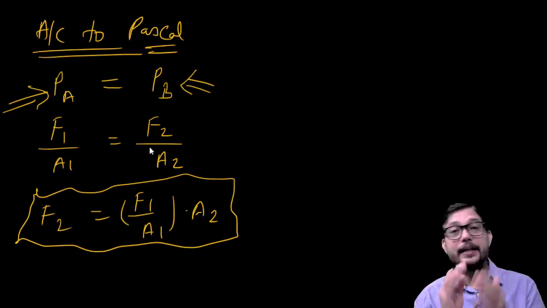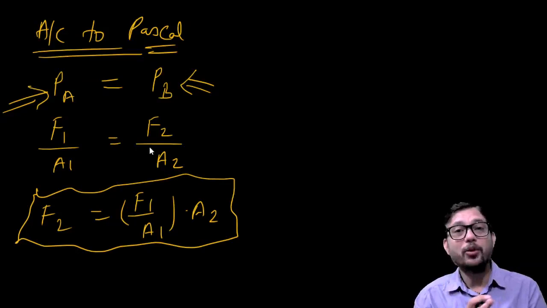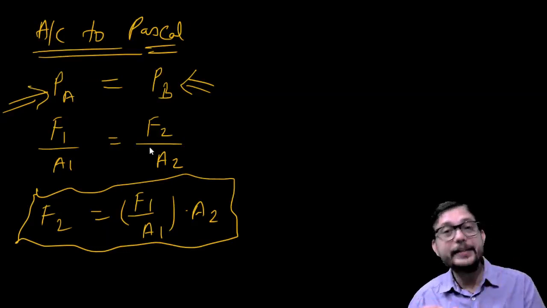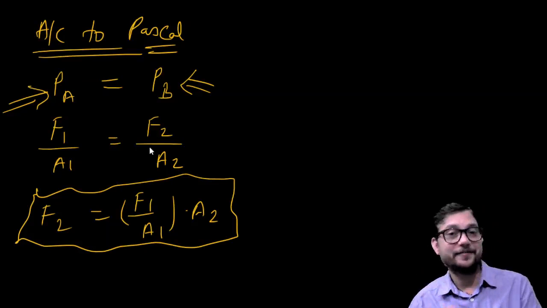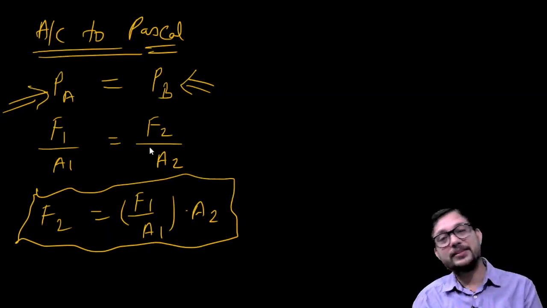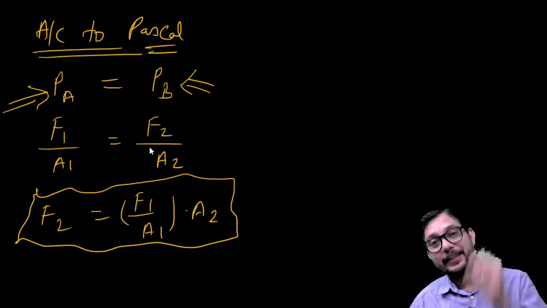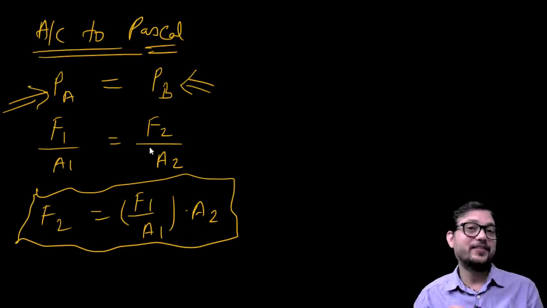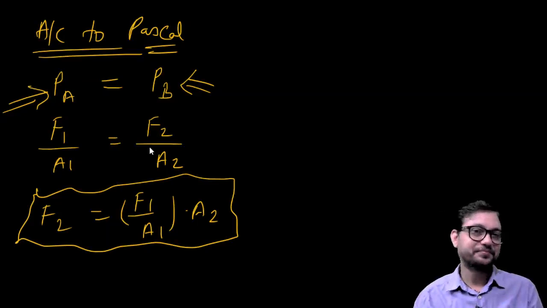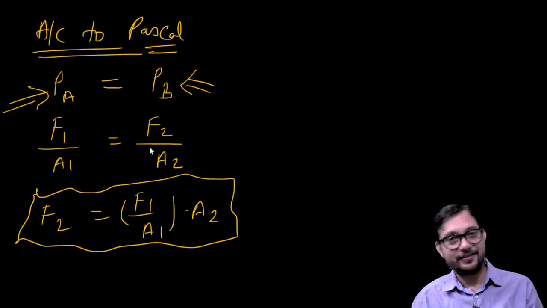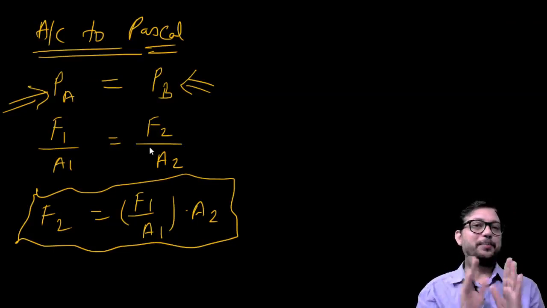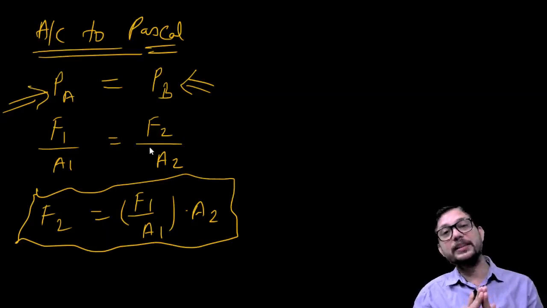So we are talking about the amount or magnitude of the pressure which is increasing. Whatever amount of pressure increases at point A, the same amount of pressure will be increased at point B. And also we have a result that the pressure difference must be the same.